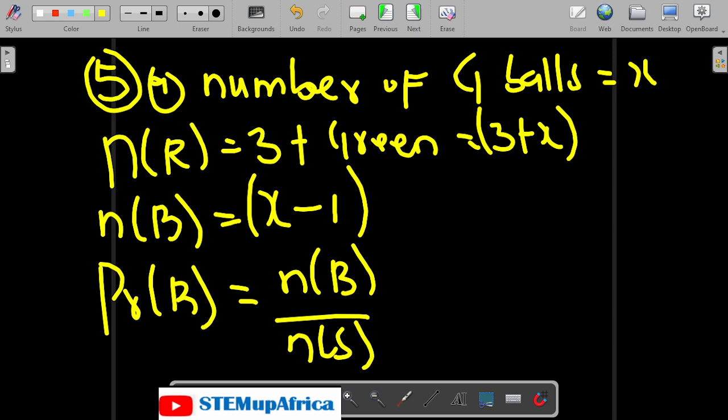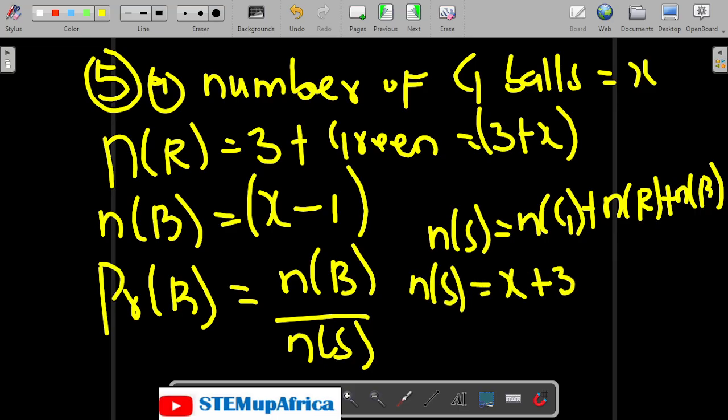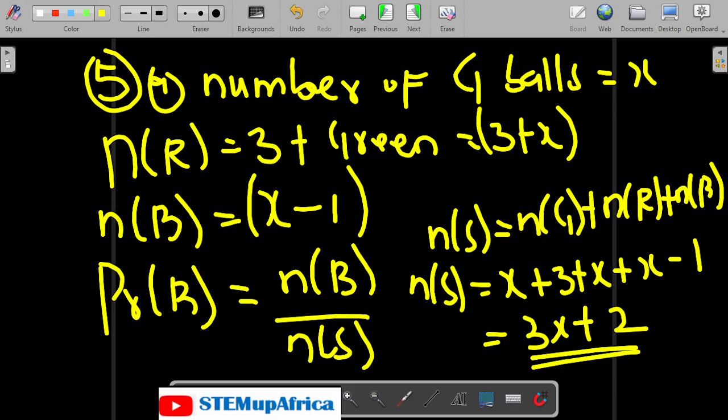So what's our sample space? The sample space is the number of green balls plus red balls plus black balls. If I simplify that, x plus 3 plus x plus x minus 1, which is 3x plus 2. This is now our sample space.